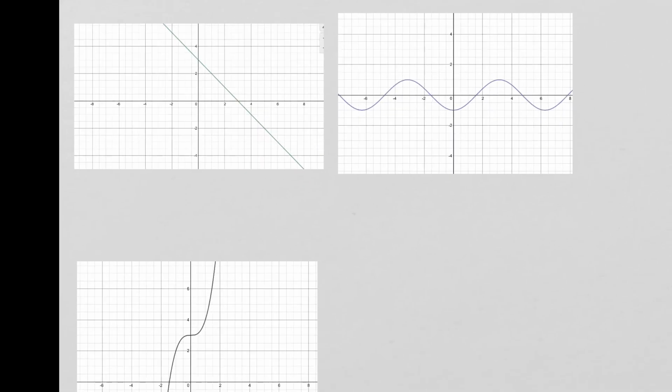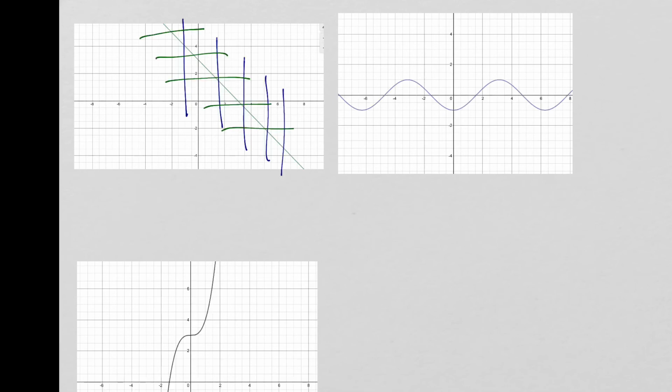All right, what about the line? So it passes the vertical line test, right? So it's a function. And it looks like it also passes the horizontal line test. So it's a function, and it's also one-to-one, right? So it's basically a one-to-one function.